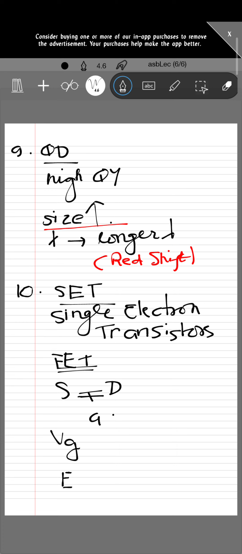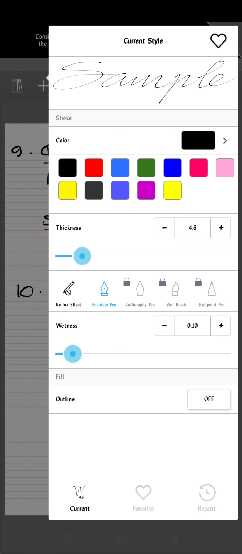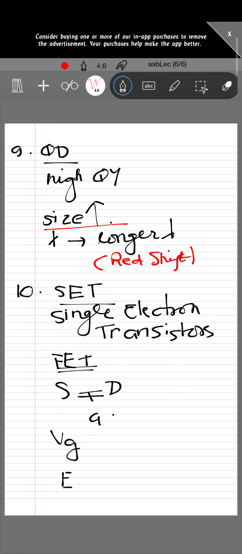Now this field effect transistor can be enhanced and made into a single electron transistor, where the gate region, this region, is just a conductor with an island, or a quantum dot.